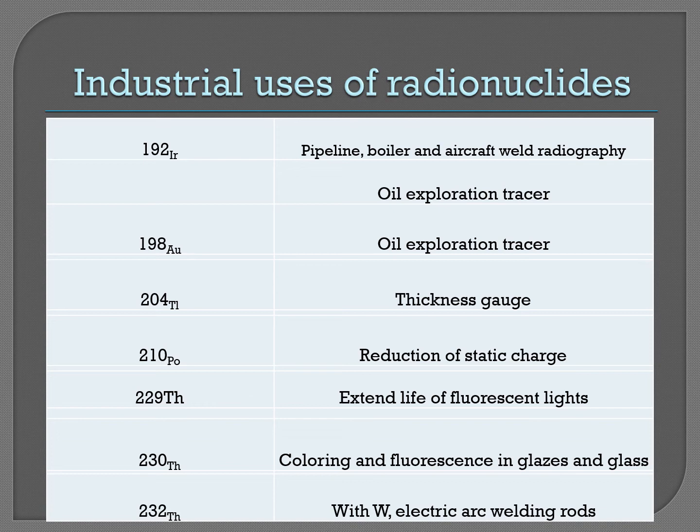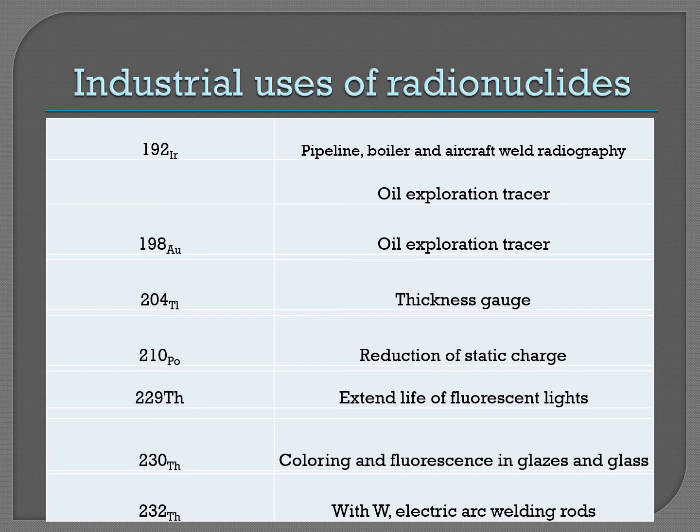Then we have the isotope of gold, AU198. It is also being used as an oil exploration tracer. Then we have thallium 204, TL204, and it is also used as a thickness gauge.